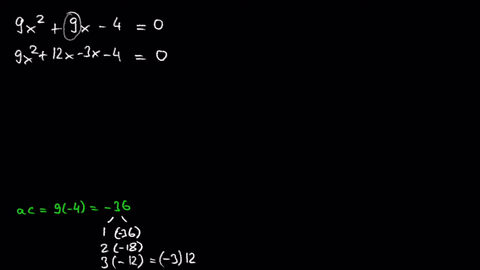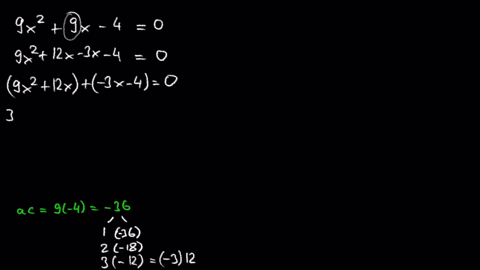The next step is to factor by grouping. So let's write the first two terms and the last two terms in parentheses. The greatest common factor of the expression in the first set of parentheses is 3x.